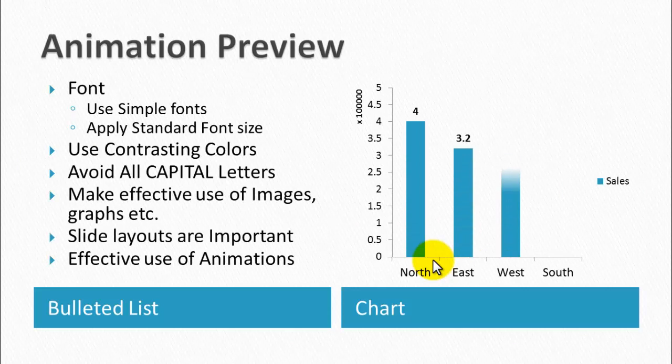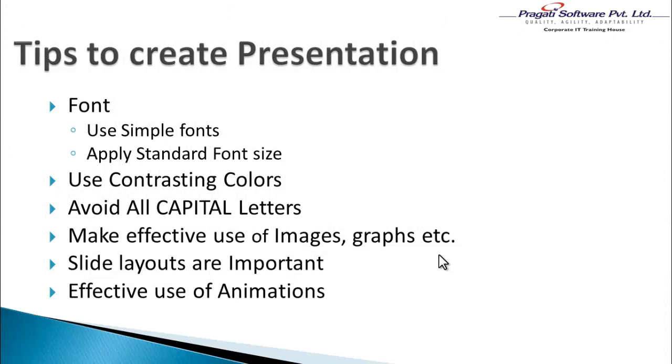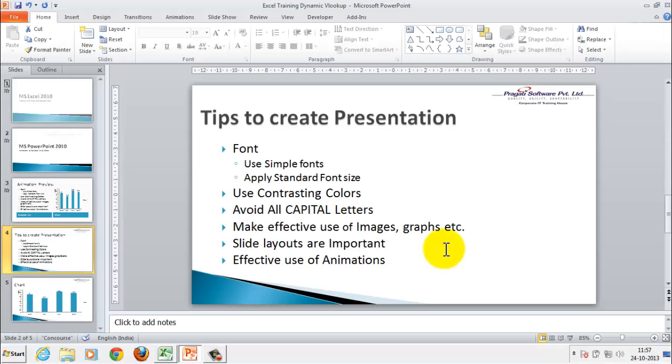As you can see in the preview over here, I've tried to apply some animation effects, and I'll be explaining this entire procedure. To complete these two different animations on a bulleted list and a chart, I have already prepared a slide over here, and on this slide we'll be applying an animation. So I'll just come back to a normal screen over here.